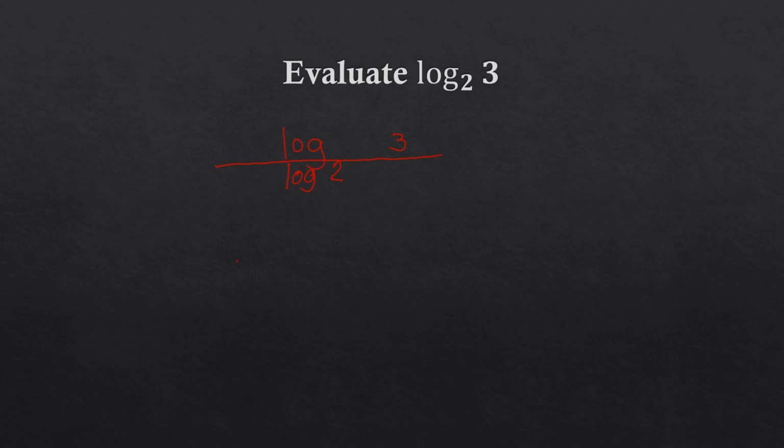You can get it by getting your log of 3, so you'll be inputting in your calculator the log of 3. This is equal to 0.477121254. And then your log of 2 will be equal to 0.3010299995, and so on.